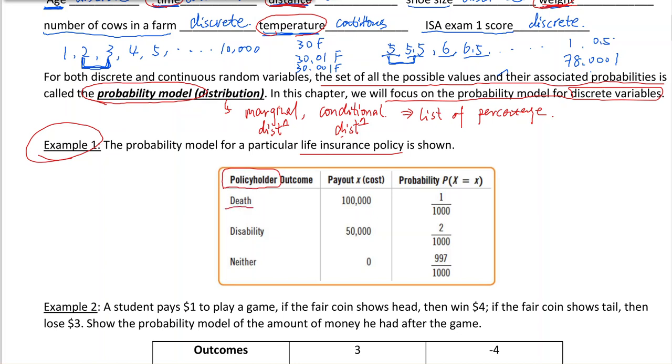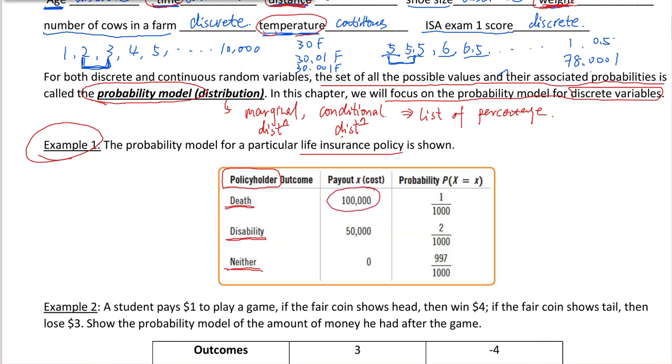It can be death, disability, or neither. So I can list all possible outcomes, which means this variable is a discrete variable. And based on each outcome, I have a value.